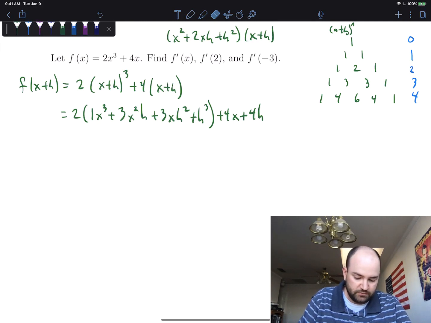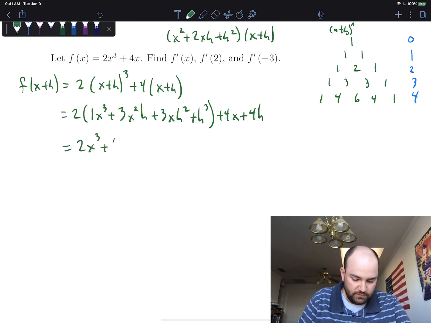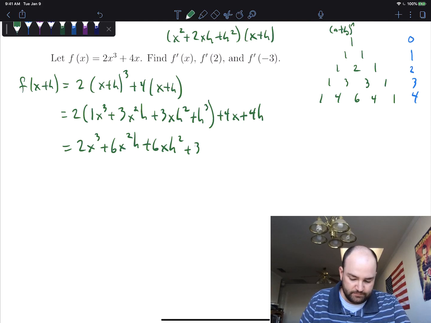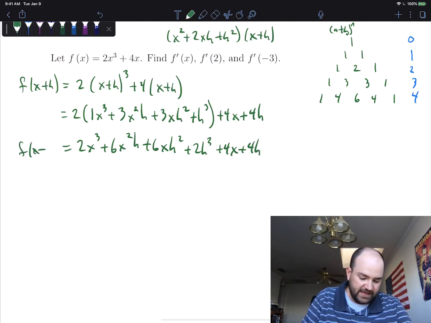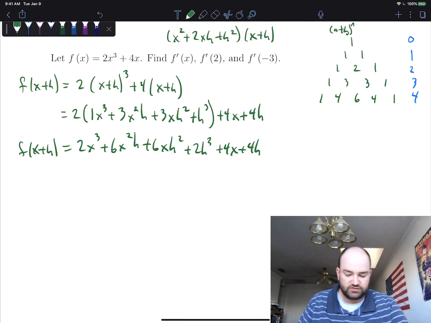And now distribute the 2 here, which gives me 2x cubed plus 6x squared h plus 6xh squared plus 2h cubed, and then plus 4x plus 4h. Awesome. And that is f of x plus h.